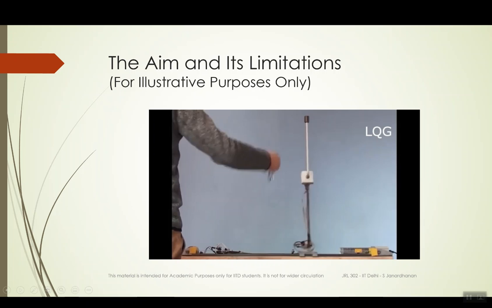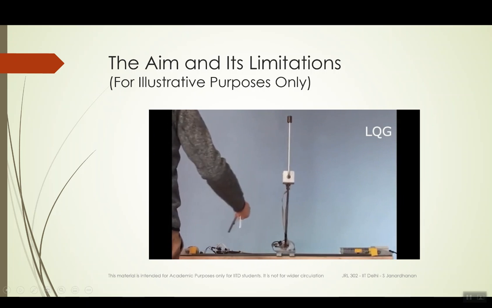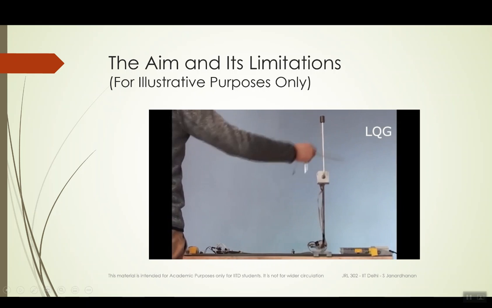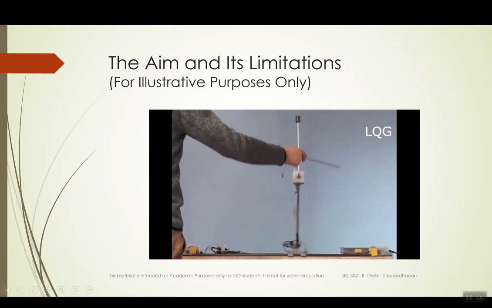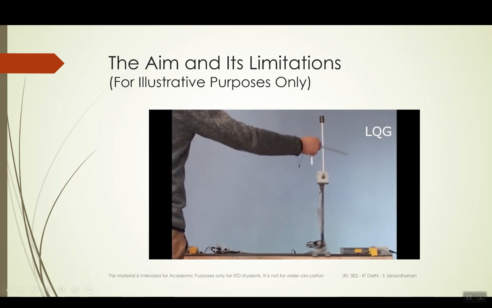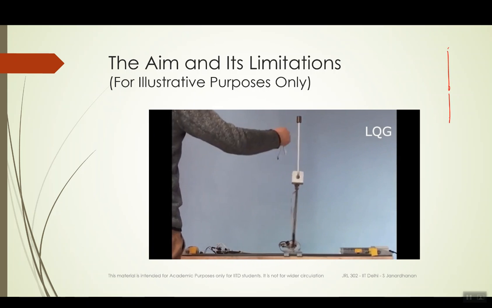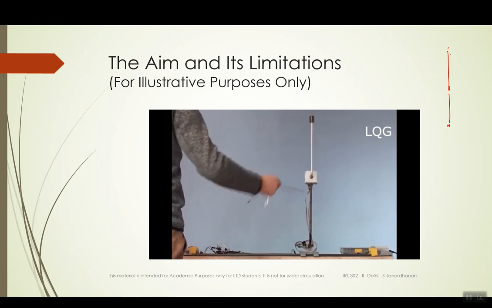Okay, so here is the type of control, the aim that we want to achieve. Here what you have is a setup of an inverted pendulum. This pendulum is in an inverted position, so it is already at an equilibrium point.